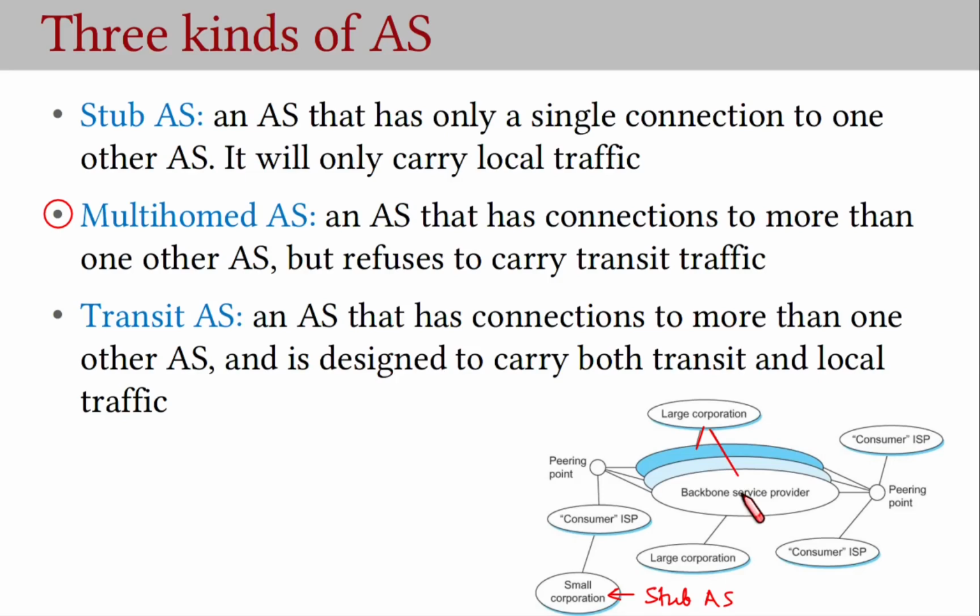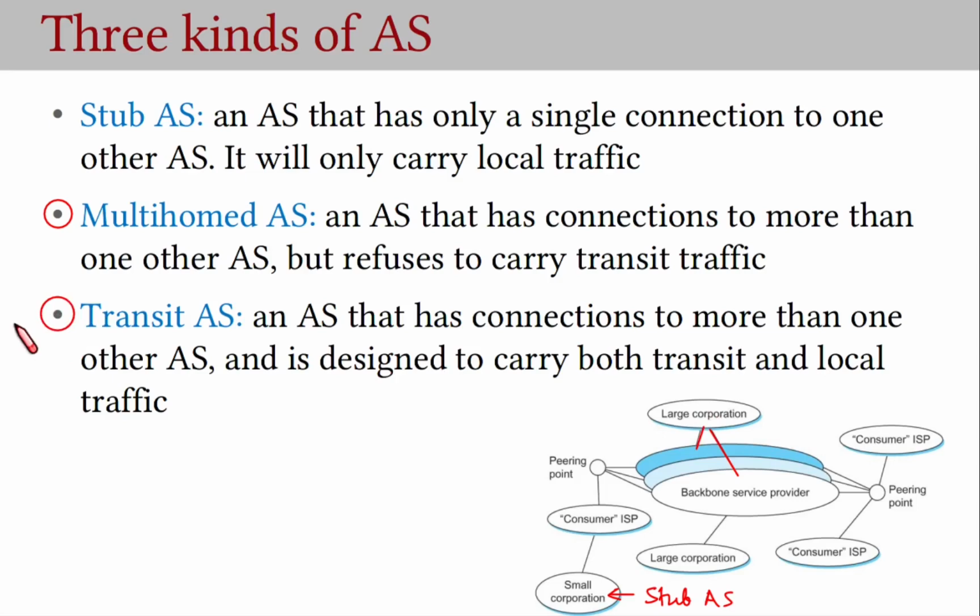As I said, they have multiple connections, but they don't carry transit traffic. And as I explained before, if they carried transit traffic, they would be paying for traffic that is neither originating inside this autonomous system nor terminating here.